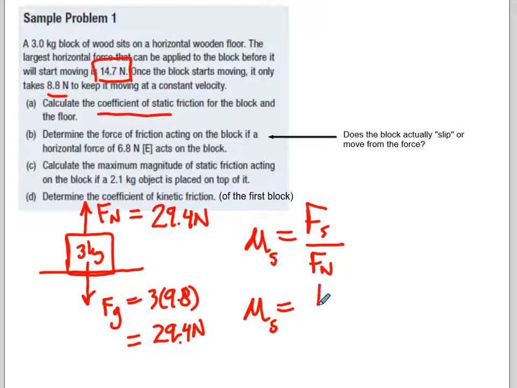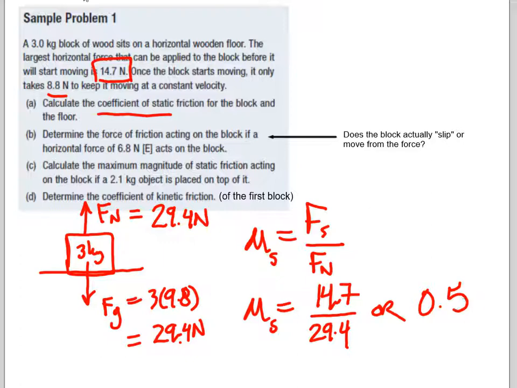I can put 14.7 newtons on the top, 29.4 newtons on the bottom, and when I divide those together, I get 0.5. So my static friction coefficient for this case is 0.5.